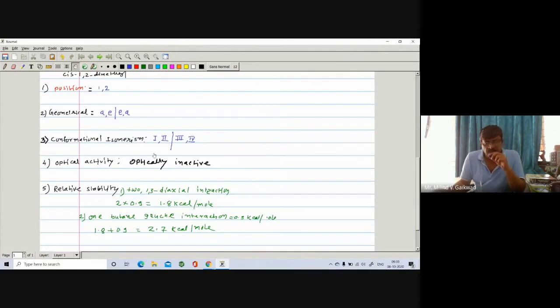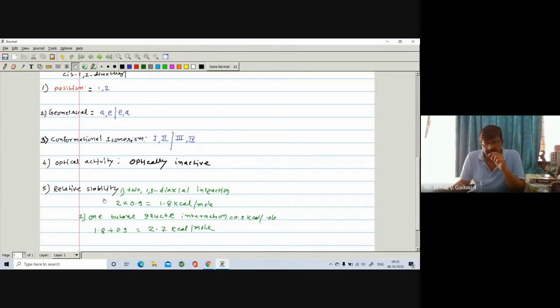So here we have seen position, geometrical isomerism, conformational isomerism. Then we have seen the enantiomers. We have seen the optical activity. It is optically inactive, even though there is absence of any elements of symmetry. It was expected that it is optically active. Why? Because there is absence of elements of symmetry.